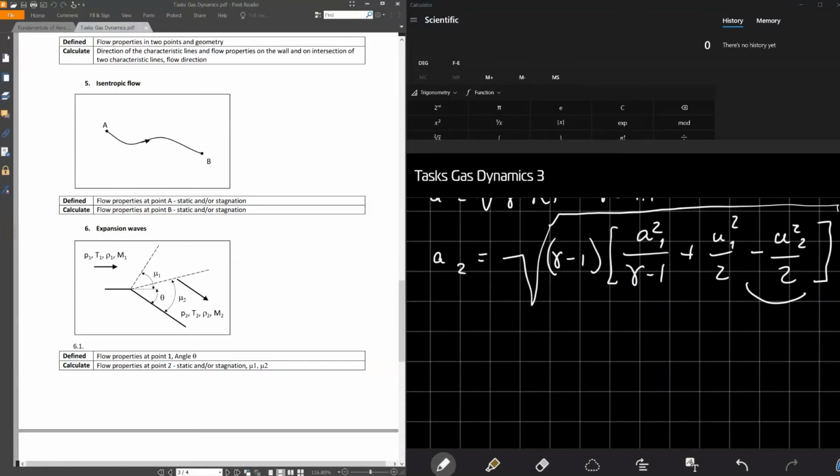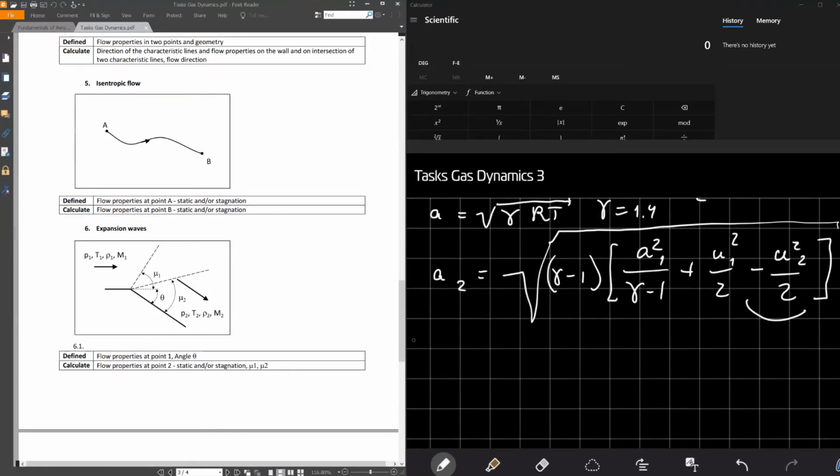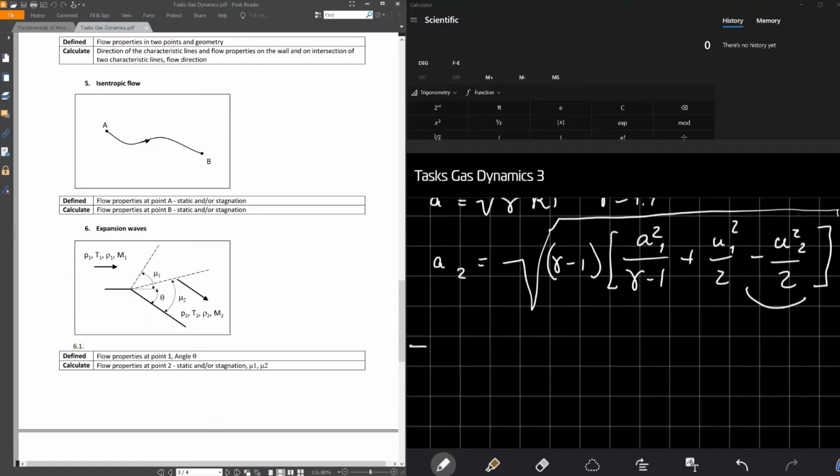Another task we can have, let's have an example with the temperature. For example, the flow is decelerating. Temperature 1 is 300 Kelvin, temperature 2 is 400 Kelvin.